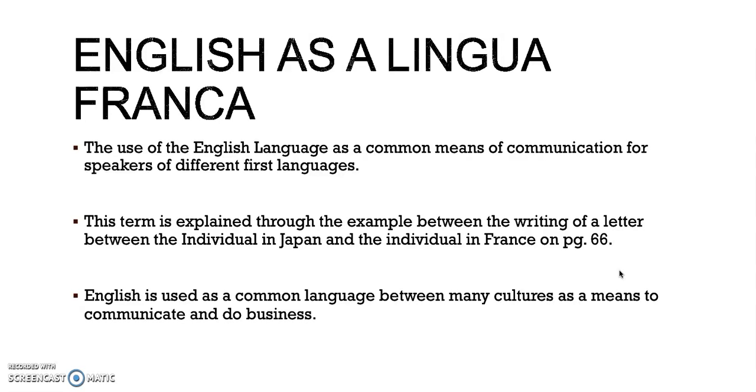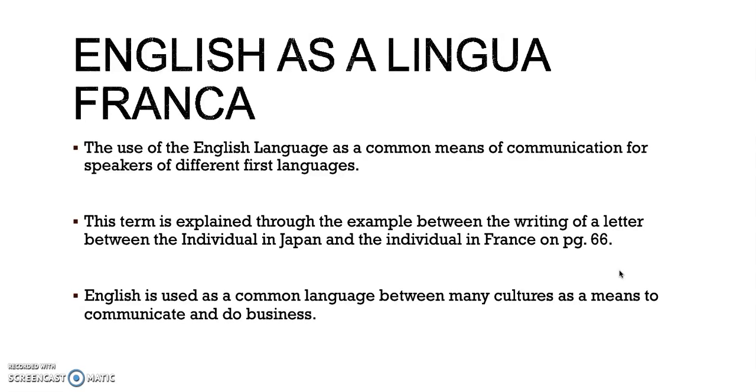The use of English language is a common means of communication for speakers of different languages. So like the example that I just gave before about a country like India, where they would learn English as a means to communicate with, say, a country like China, who would also learn English as a way to communicate, even though they have their own languages that they would speak in their countries.